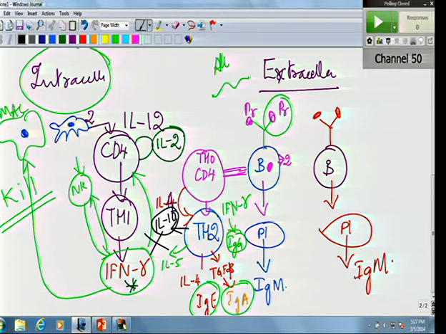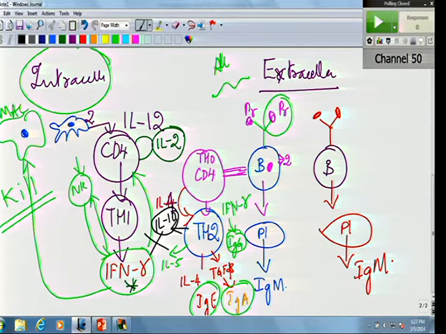Interleukin 4, it's a Th2 cytokine, isotype switching to IgE. Interleukin 5 activates eosinophil and it's supposed to enhance the production of IgA, just remember that also. But mainly it's an eosinophil activating cytokine. Then interleukin 6, it's also a pro-inflammatory cytokine.